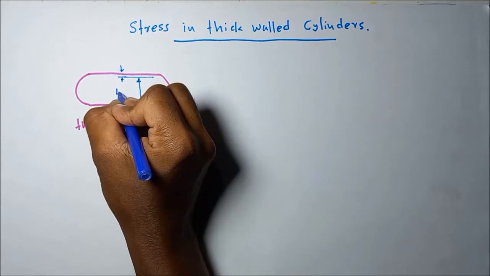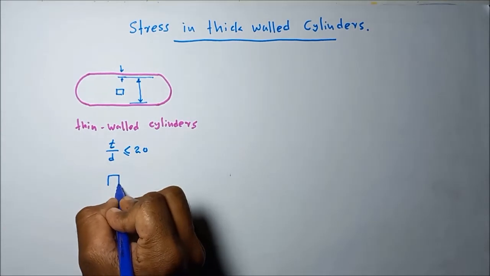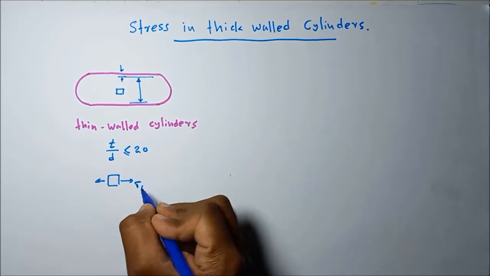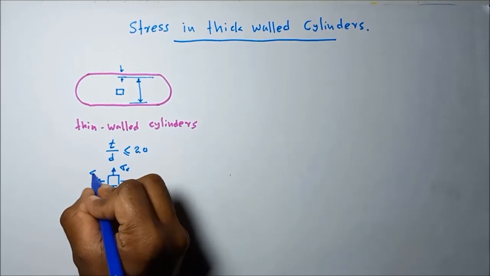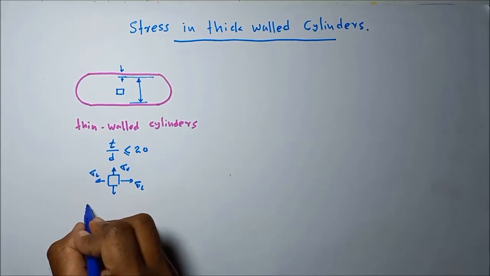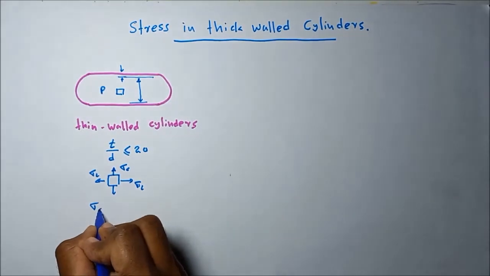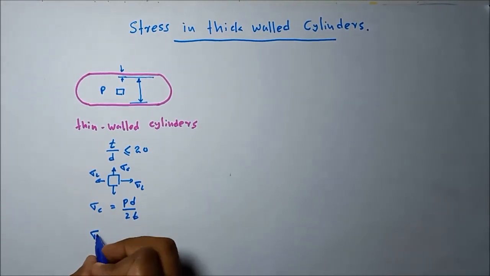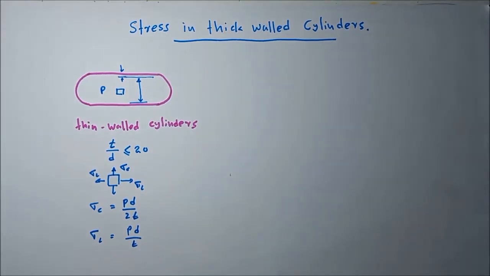If you consider an infinitely small stress element in a thin wall cylinder, the stresses can be marked as the longitudinal stress sigma L and the circumferential stress sigma C. Using the membrane stress analysis method, if the internal pressure is P, sigma C is equal to PD divided by 2T, and sigma L is equal to PD divided by 4T.